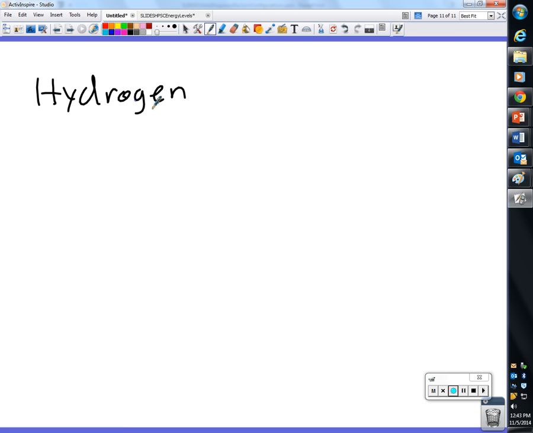So we write the name of the orbital, 1s, with no line above it like an orbital diagram. We just write the name. And then we represent the number of electrons in that orbital with a superscript. How many electrons are in the 1s orbital for hydrogen? One. So we write a little 1 up here: 1s1.